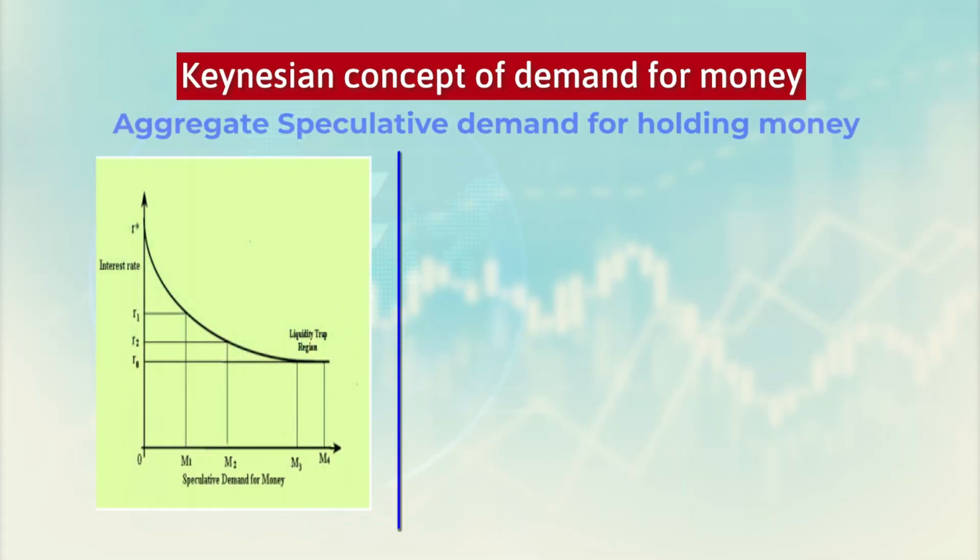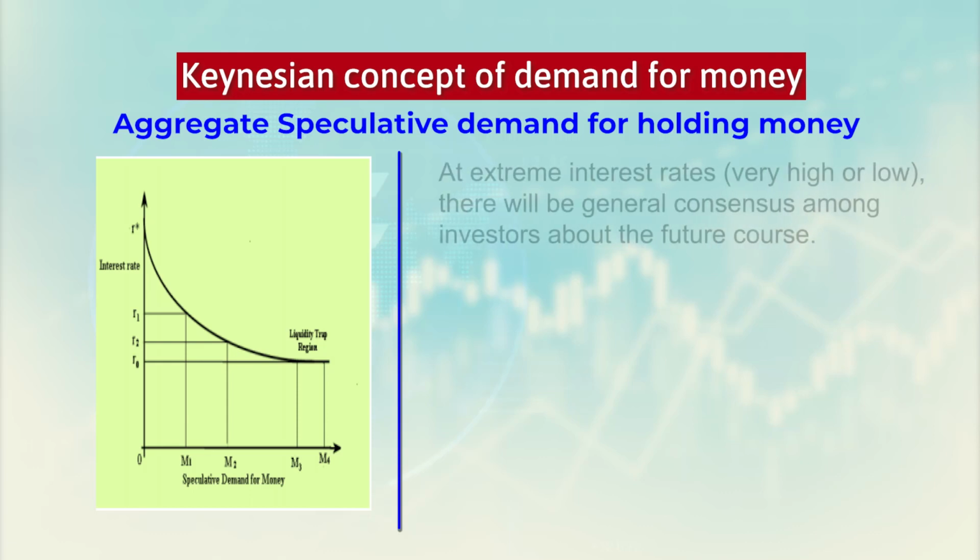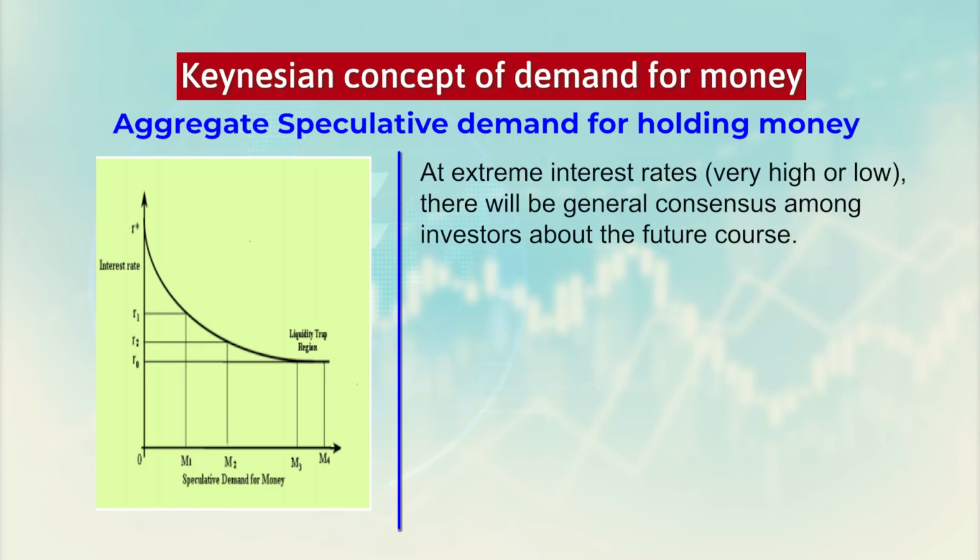So if we collect all this information and go for aggregating the speculative demand for holding money, what I'm going to get is that at the extreme rate of interest, very high or very low, people behave in a more consensus way. This is the general idea that when the rate of interest is very high, speculative demand for money falls for everyone in the economy.